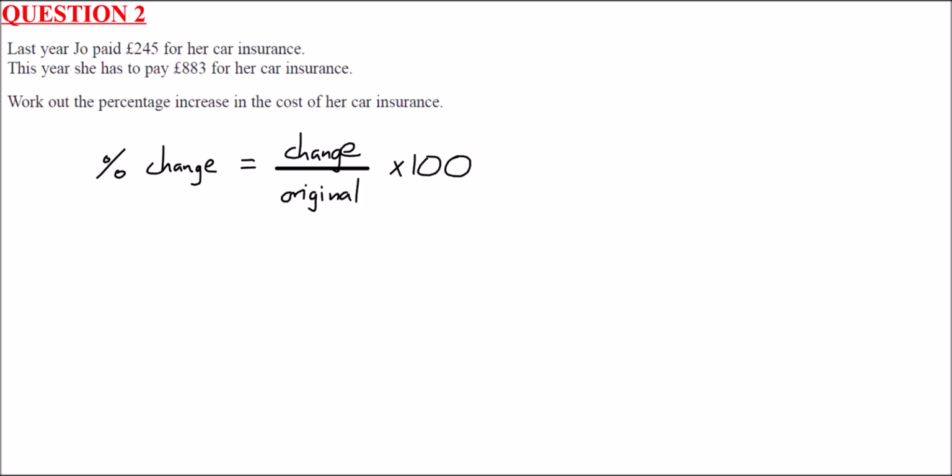So here, the change we're talking about is actually how much the increase is. So from this question here, the increase in the insurance is the final amount, 883, subtract what the initial cost of insurance was, which was 245.